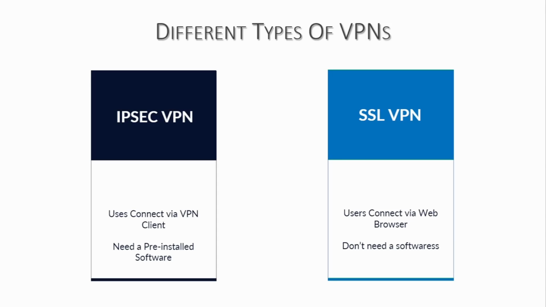Also, when it comes to access method, SSL VPN users can open a secure VPN connection from their web browsers using SSL, while with IPsec, it uses a software VPN client. SSL VPN does not need any software to be installed, and for IPsec, a client VPN software has to be pre-installed for the connection to work.